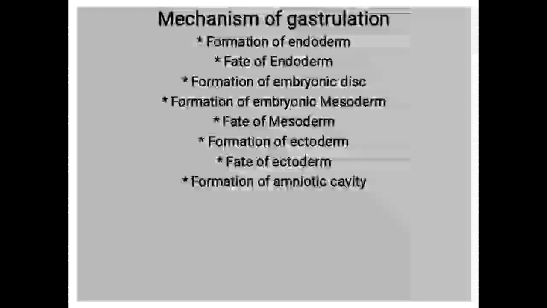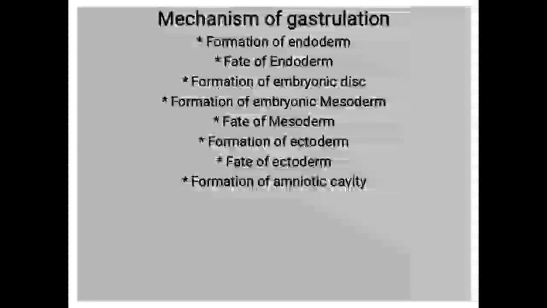It starts immediately after implantation, and the cells of the blastodermic vesicle visibly move in small masses to their final and predetermined positions. So students, these movements are interdependent and are called morphogenetic movements.